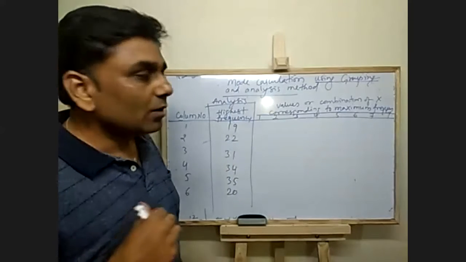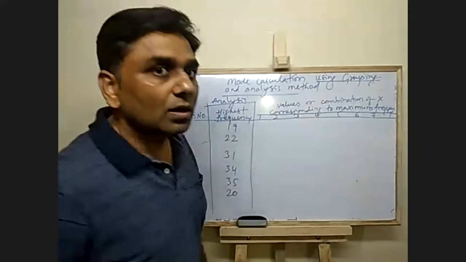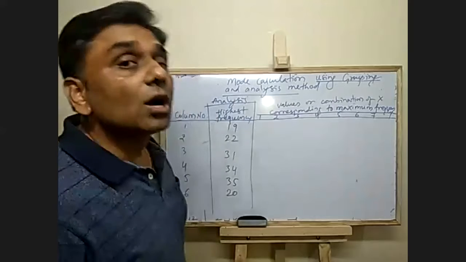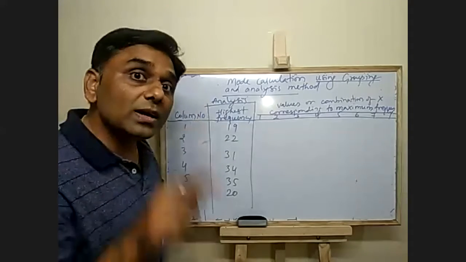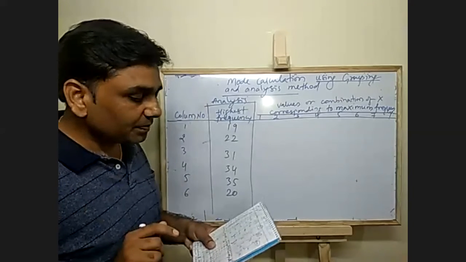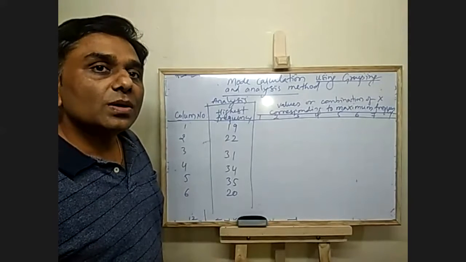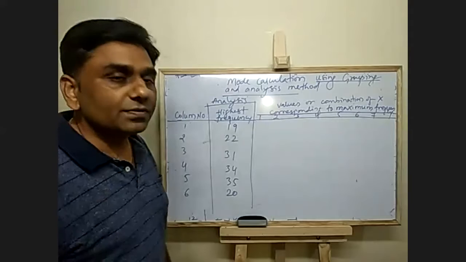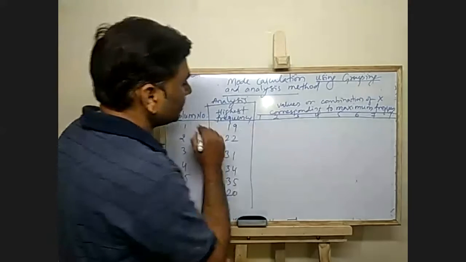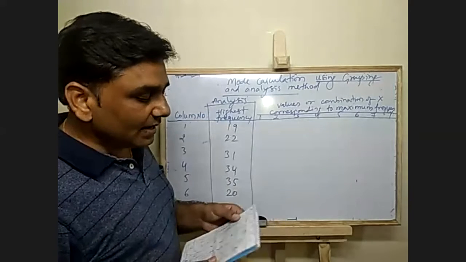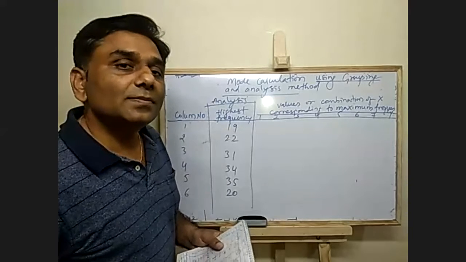Okay, what I have done here, I saw highest frequency of all the classes, rounded number, and saw which is the last x value having highest frequency. Okay, now 19. See 19, what is the x?